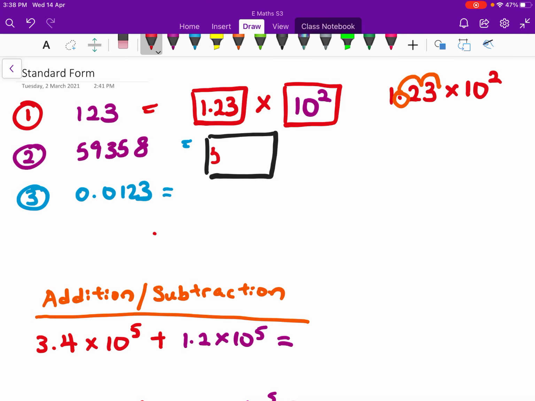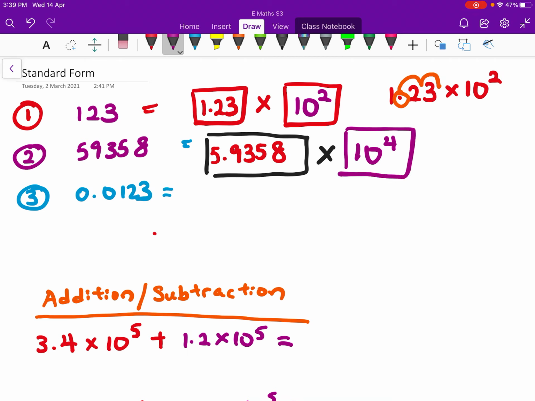So we should put 5.9358. What should I multiply with? I should multiply with 10 to the power of something. I must make sure that the decimal point here moves 4 places. So 10 to the power 4.